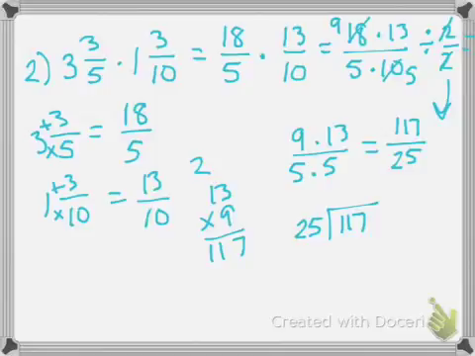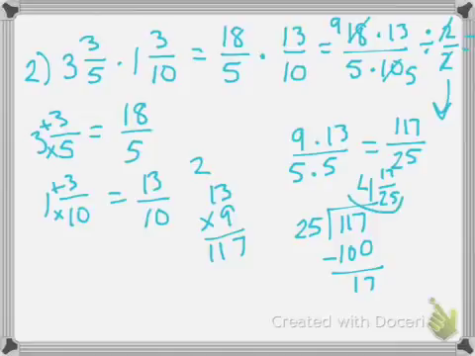I know 25 fits into 100 4 times, and that's 100, and then that's 17 more. Well, it doesn't look like I can go any more than 4. So I'm going to fit 4 times 25. 4 quarters is $1, or 100. We drop that decimal. And 17 is our remainder, right? So then we're going to have 4 and 17 over 25. And this will be our final product. And now we're ready for practice.